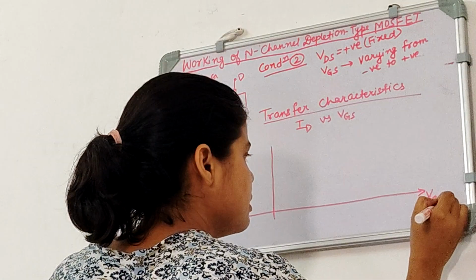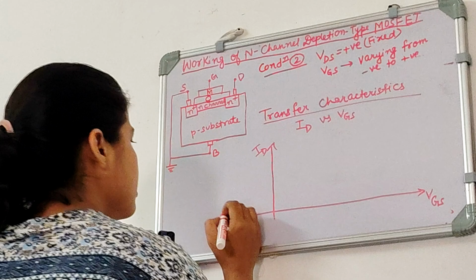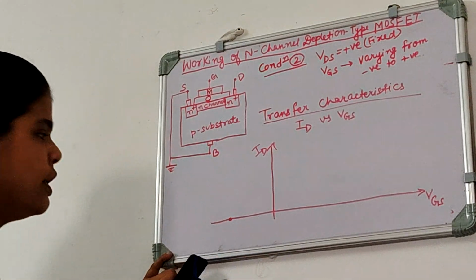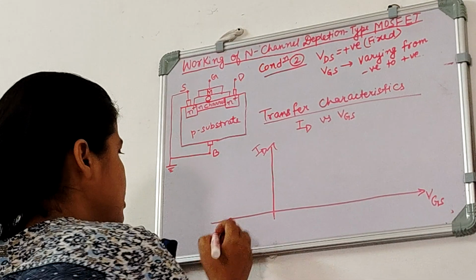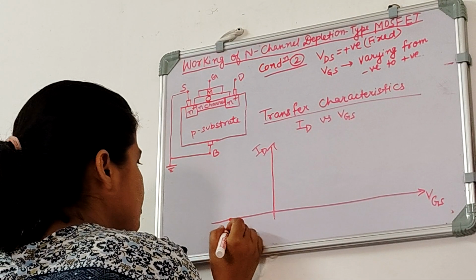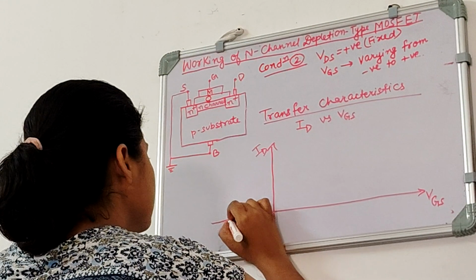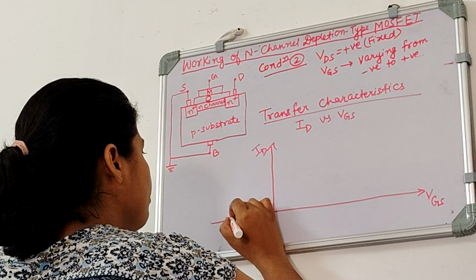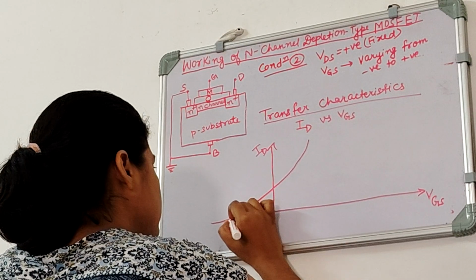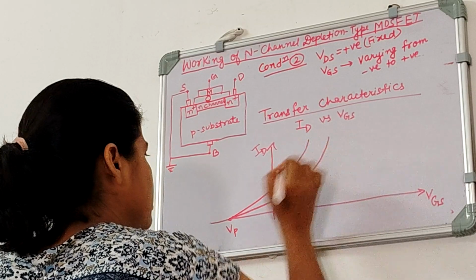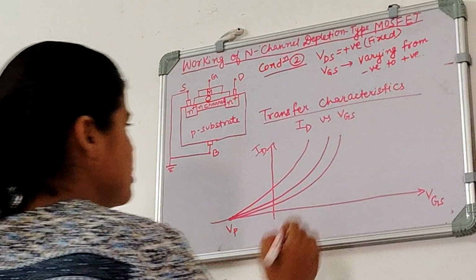So it is VGS, it is ID. Here we will have our pinch-off voltage, because pinch-off voltage is a negative VGS. So in the negative direction we will have our pinch-off voltage, and we will denote it with Vp. So from Vp our current will go like this, increase, increase and increase.